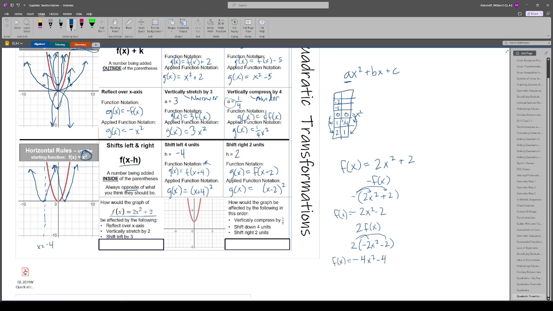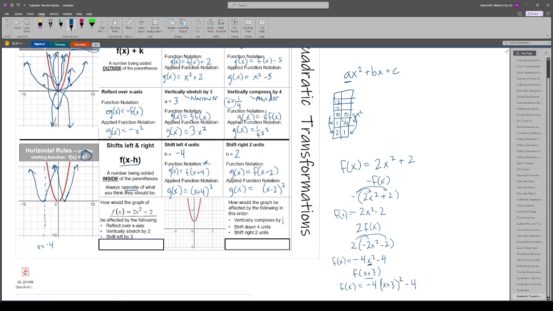Our final transformation is to shift left by 3 units. To do that, we're going to put the rule f of x plus 3, and then we'll replace this x with this x plus 3. So our final transformation has the negative 4 that doesn't change. Then when we see our x, we're going to substitute x plus 3 squared, then minus 4.